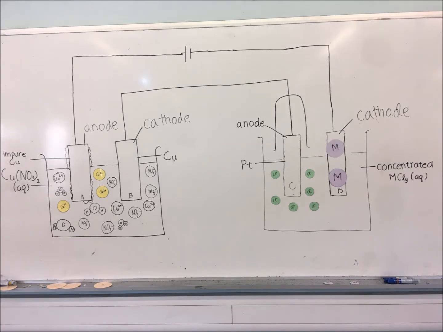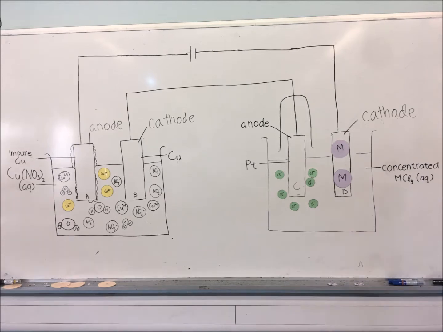The solid metal M, which is produced, would be coated on electrode D.